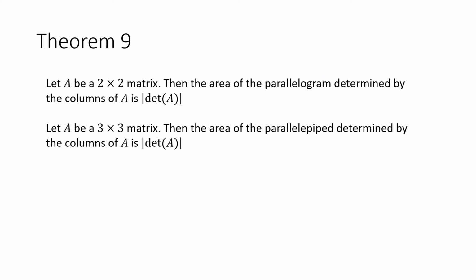And theorem 9 sums that up. So the determinant actually gives us a physical measure in the real world. When you're forming these parallelograms or 3-dimensional parallelepipeds or even multi-dimensional parallel objects, determinants give you the measure of their area, their volume, or their multi-dimensional volume.